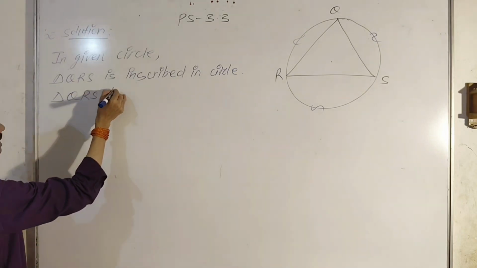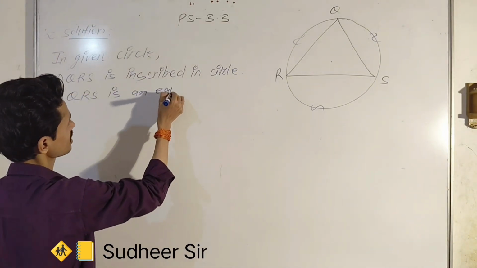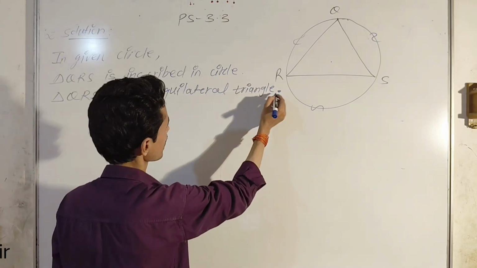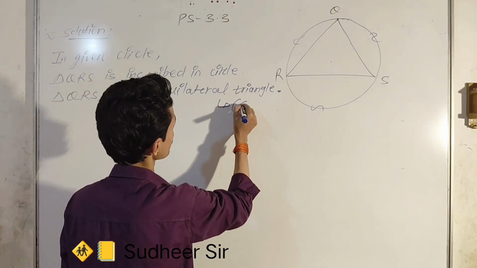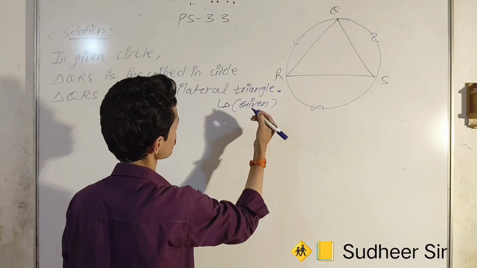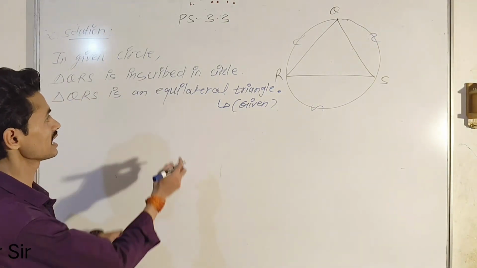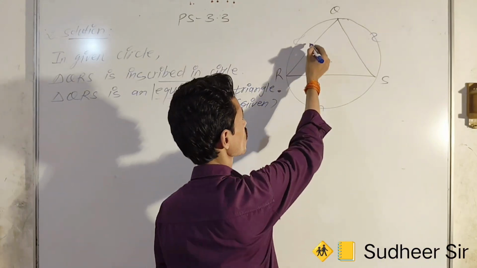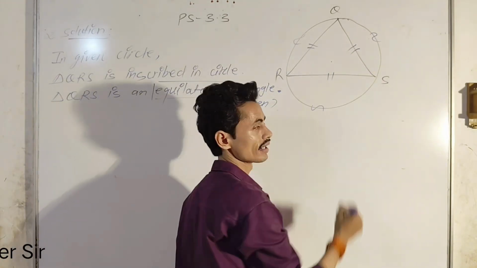Triangle QRS is an equilateral triangle. What is the meaning of an equilateral triangle? After that, you have to write where you got this information from. This is given in the textbook. And as we know, if a triangle is equilateral, then all sides of the triangle will be congruent.